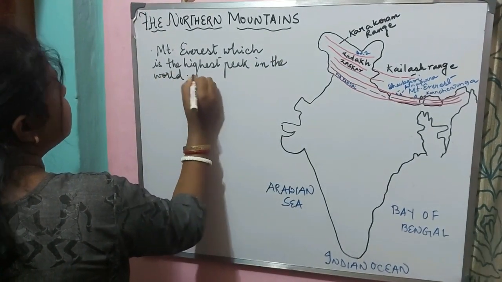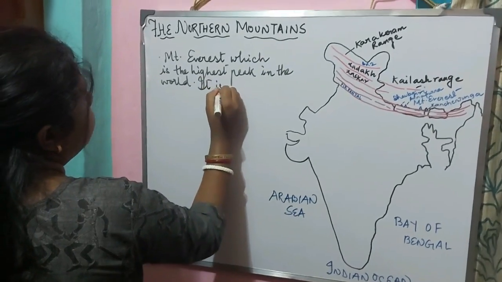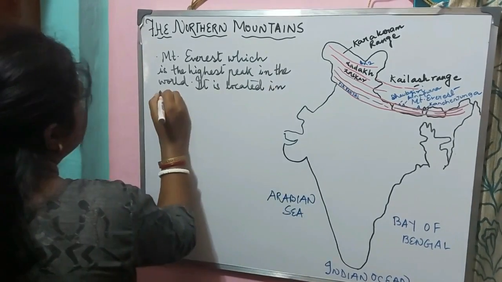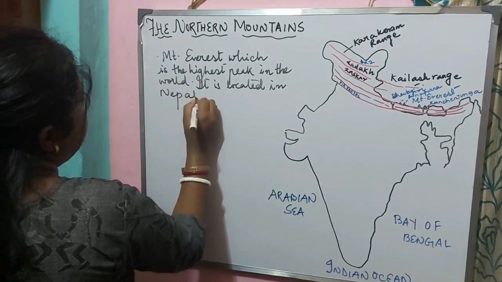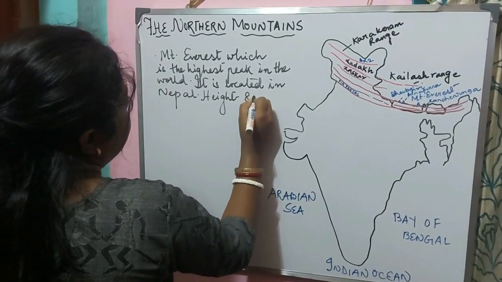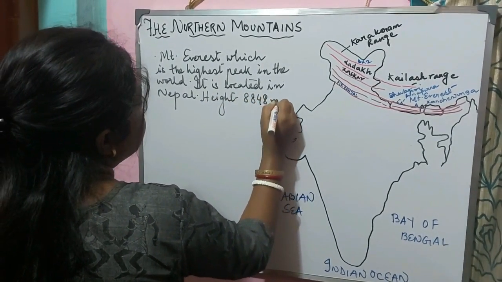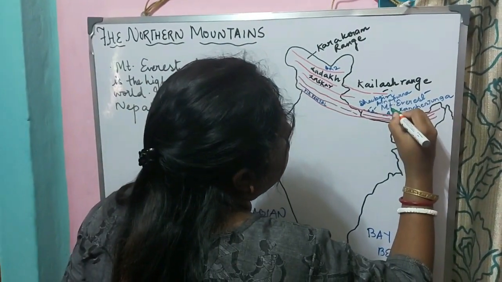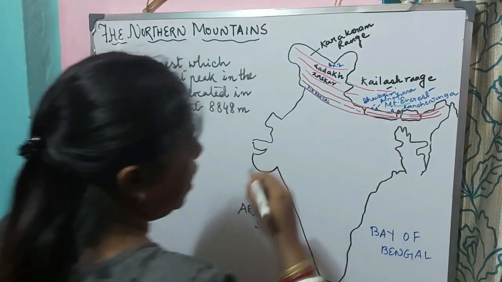Where is it located? It is located in Nepal. And what is the height? Its height is 8848 meters. So here is my Mount Everest.